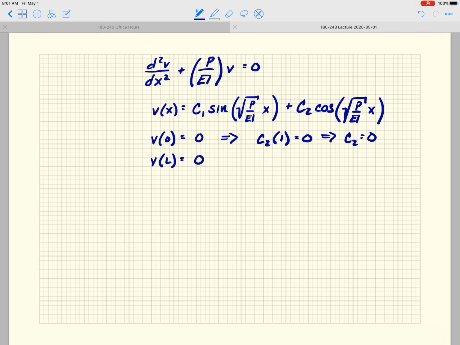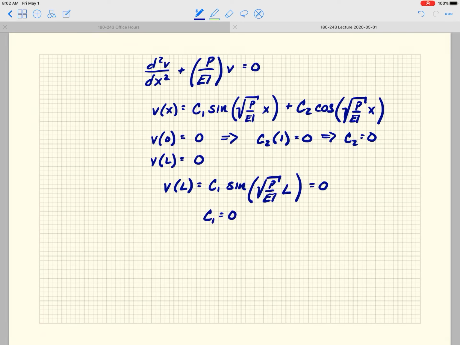So we're left with v of L, which is now just C1 sine of the square root of P over EI times L, and that has to equal 0. Now it turns out that has a bunch of different solutions. In general, there are 2.